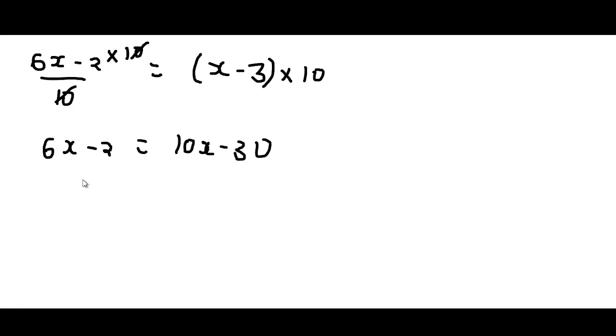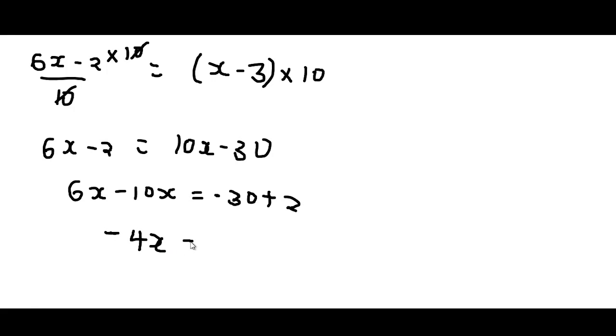So we bring this 10x to this side, so it will be 6x minus 10x, it will be negative 30 plus 2. We are left with negative 4x equals negative 28. So this and this become positive. Our x is 7.